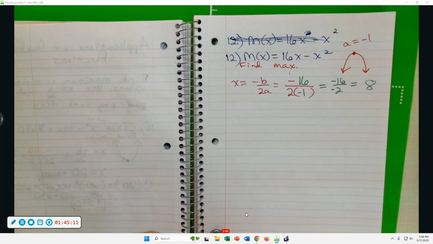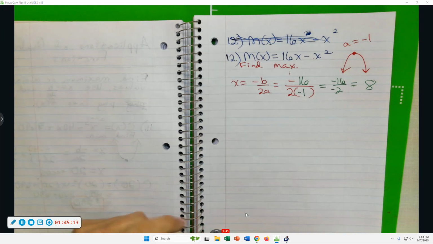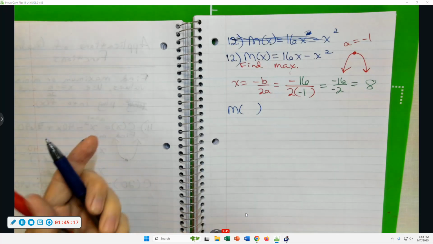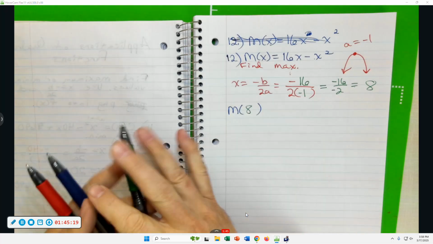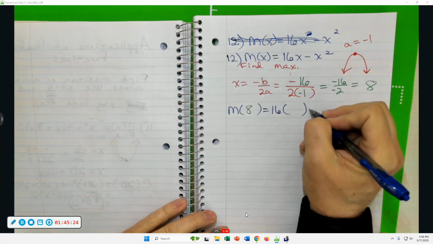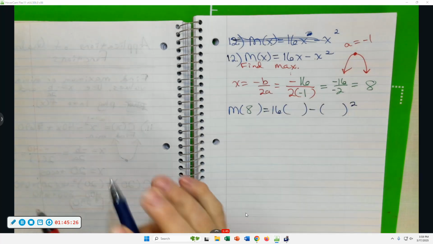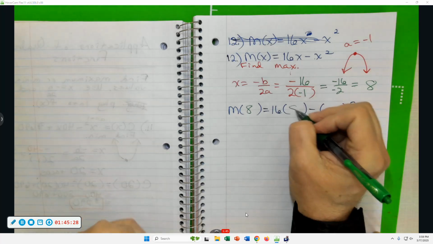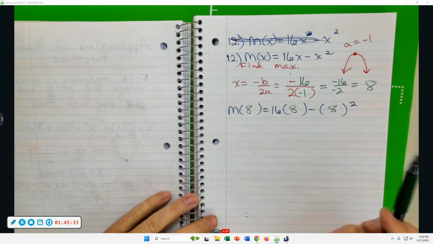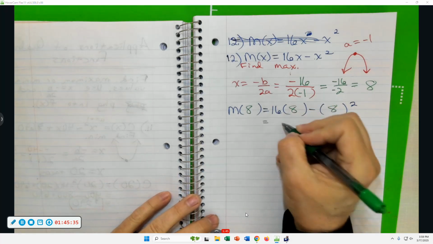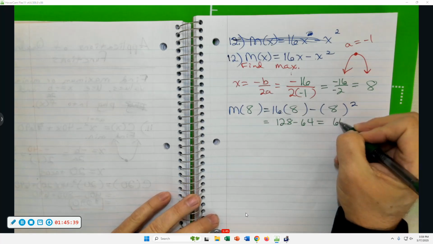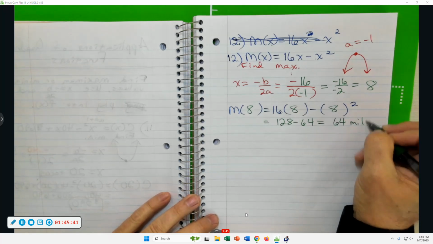So, the number of million mosquitoes when there are 8 inches of rain: 16 times 8, and an 8 and an 8. That's 128 minus 64. I'm getting 64 million mosquitoes.